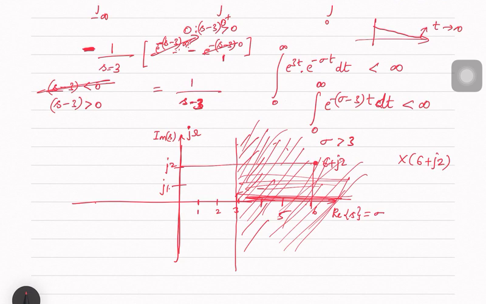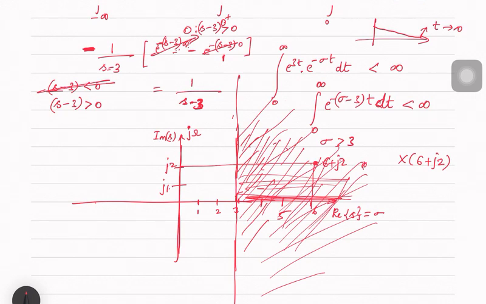But if you select values of s from the other part, this extends from minus infinity to plus infinity. All the points s that come in this shaded region are called the region of convergence.